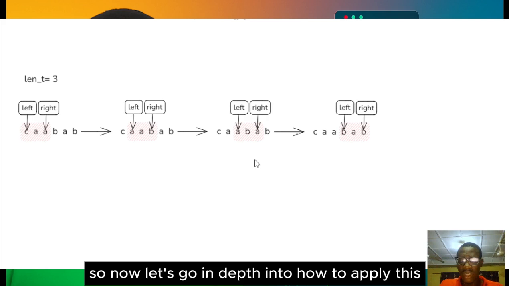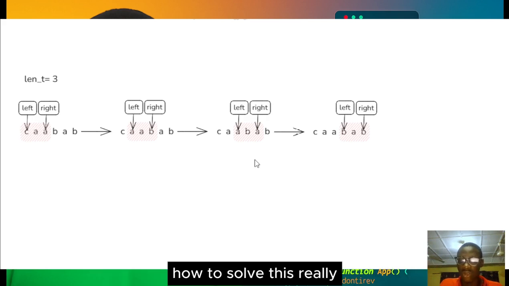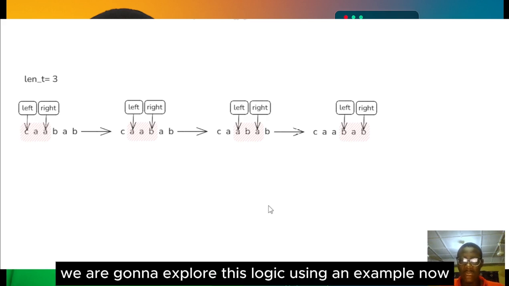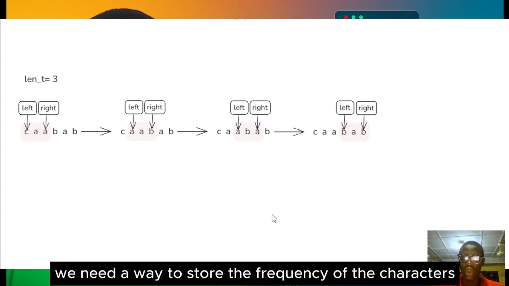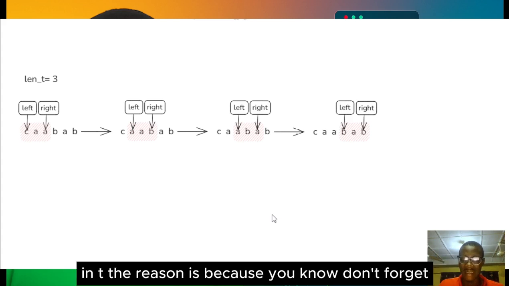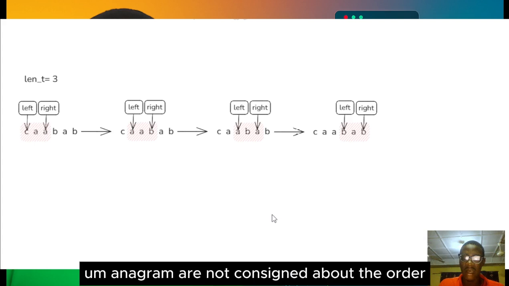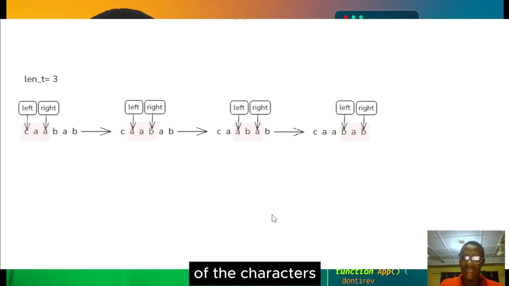Now let's go in depth into how to apply this and solve it. We are going to explore this logic using an example. Before starting the sliding window technique, we need a way to store the frequency of the characters in t. The reason is that anagrams are not concerned about the order of the characters.